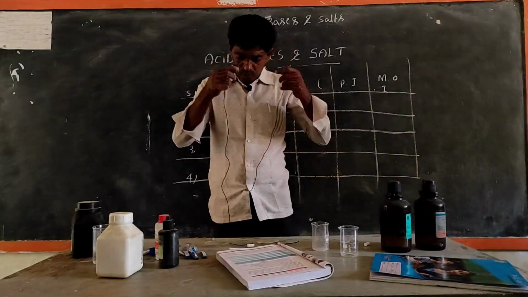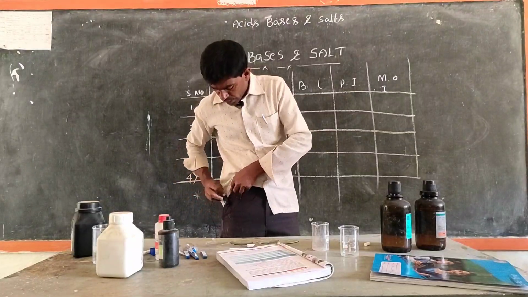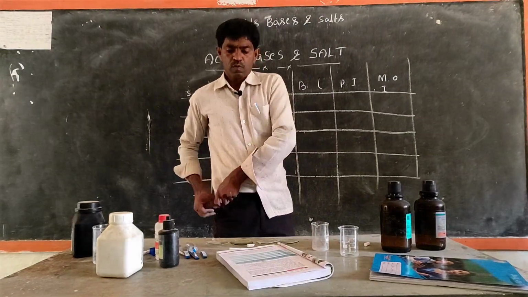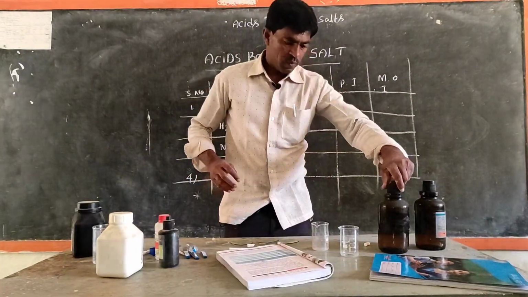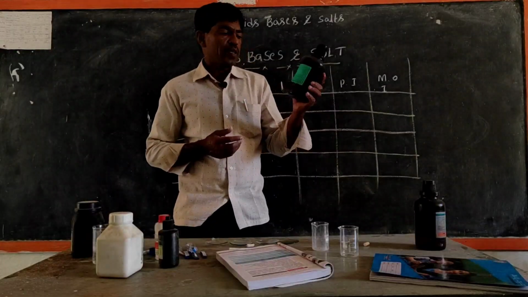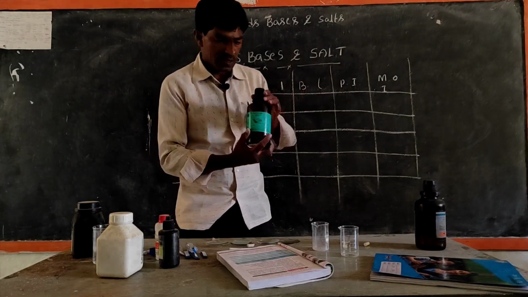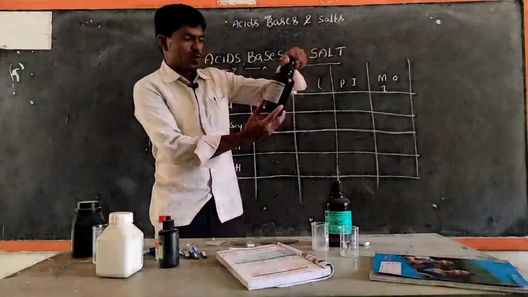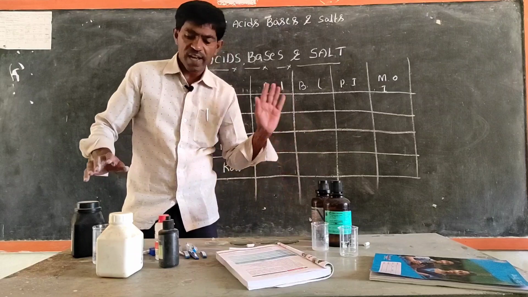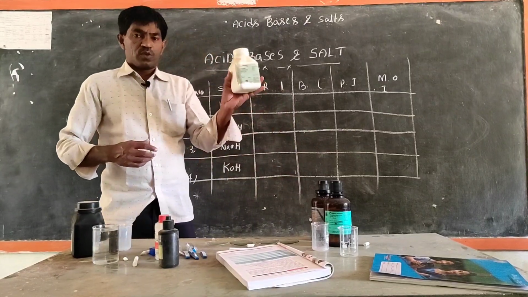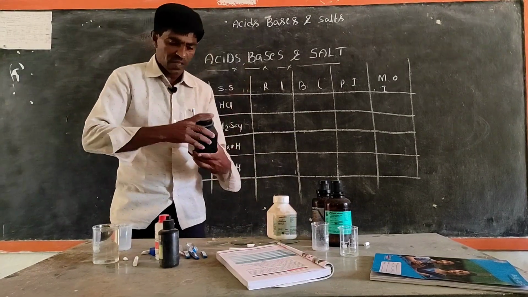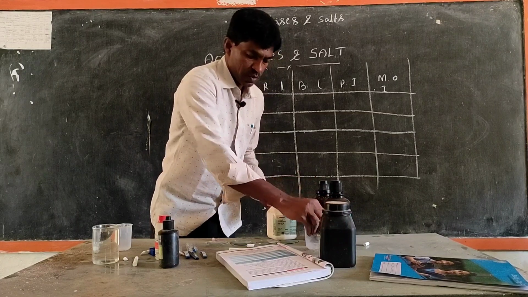Okay, let us conduct one activity. We collect the samples in our laboratory: hydrochloric acid and sulfuric acid, these are acids; sodium hydroxide and potassium hydroxide, these are bases.